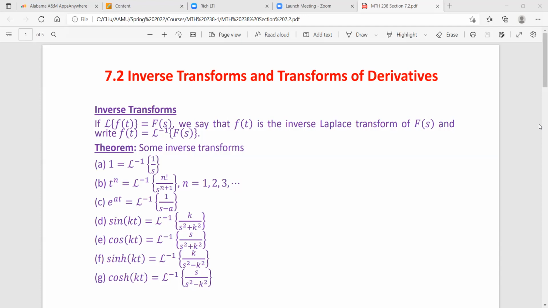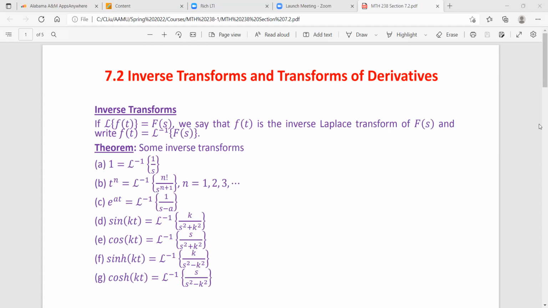Also, the inverse Laplace transform of 1 over s minus a is e to the at. The inverse Laplace transform of k over s squared plus k squared is sine kt, and the inverse Laplace transform of s over s squared plus k squared is cosine kt. The inverse Laplace transform of k over s squared minus k squared is sinh kt.